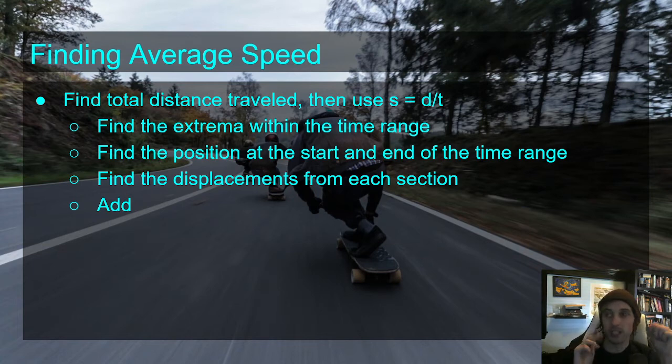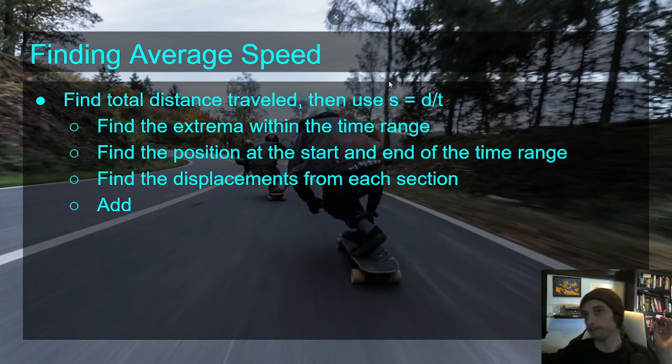If you do that for each extrema, and you also do that including the start time of the range and the end time of the range as 2 extrema, that will give you the displacements from each section. The displacements from each section, their magnitude will give you the distance from each section, which you can then add to get your total distance traveled, which you can divide by the time and be all set.